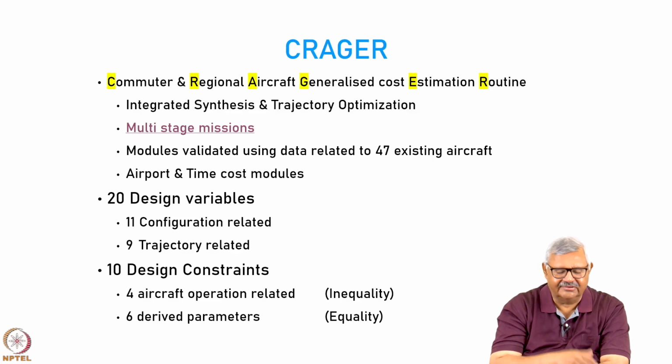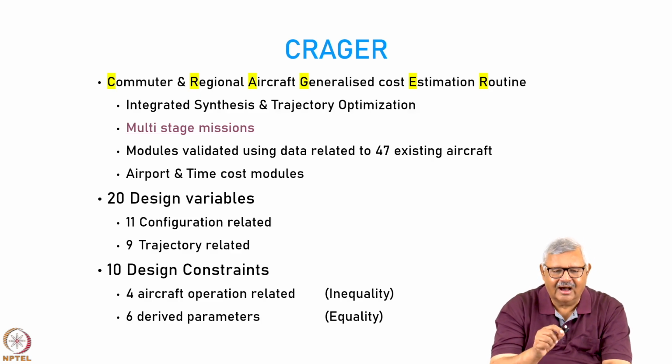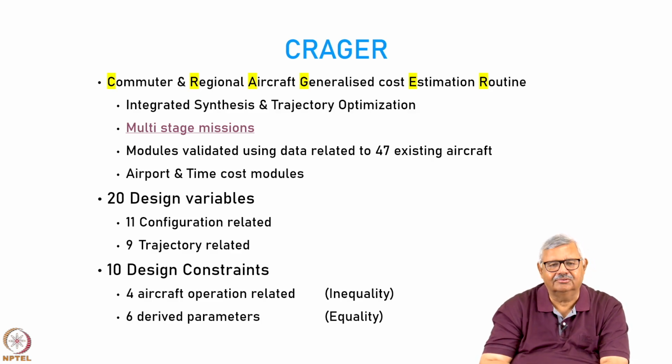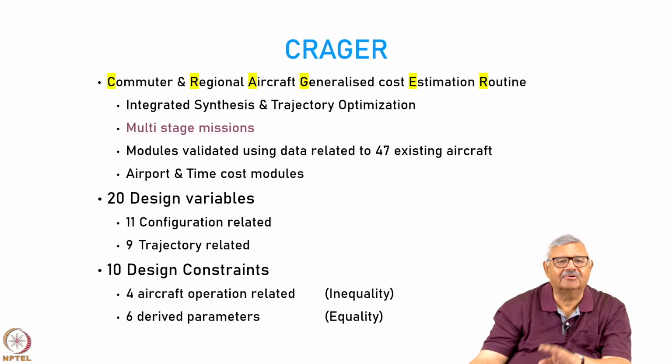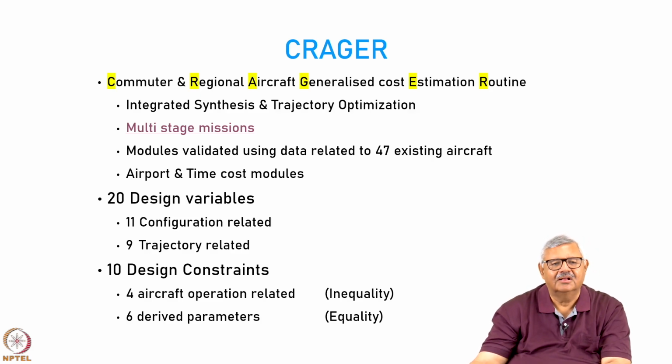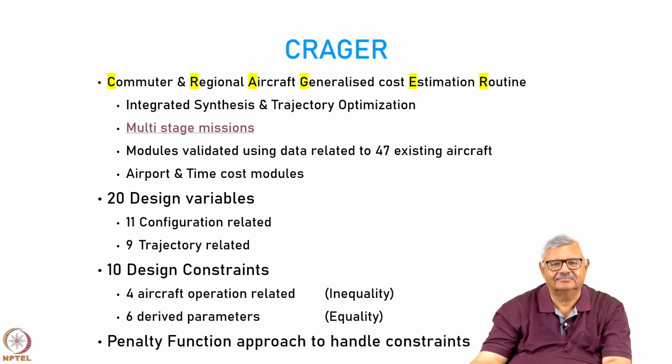So, CRAGER has to churn out the numbers in such a way that 6 parameters have values exactly equal to a particular value which is pre-decided based on the specified equality constraints, and 4 parameters have to be less than or equal to a particular number. So, we are dealing with 20 design variables and 10 design constraints.